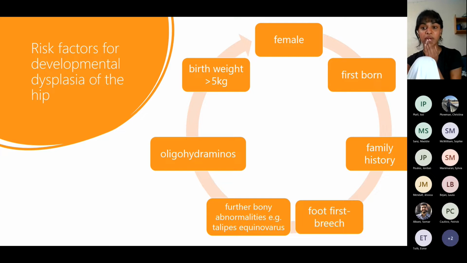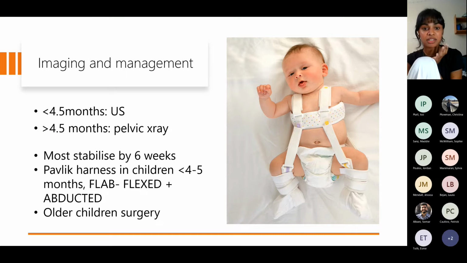That is right, but you don't do that for everyone. It just depends on age. If the patient is younger, it's easier to pick it up on ultrasound. So if they're over 4.5 months, you do a pelvic X-ray because it's more sensitive, and if they're under 4.5 months, you do an ultrasound. That's just something to learn.